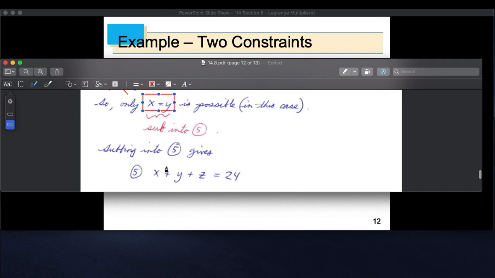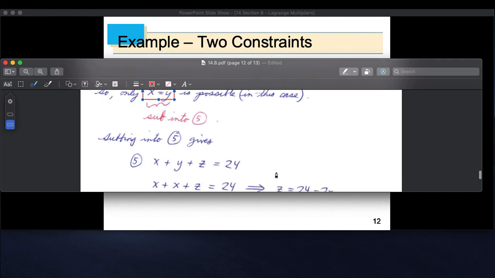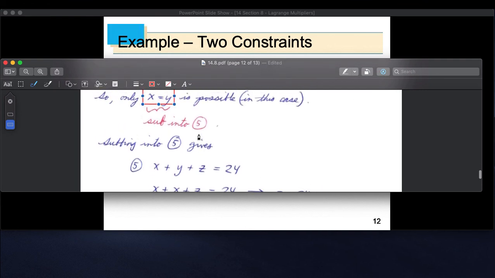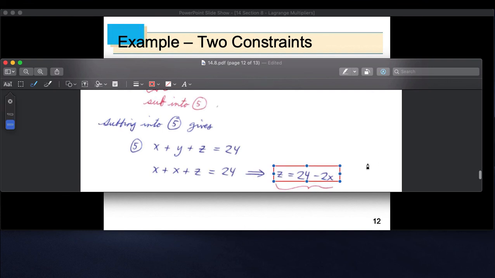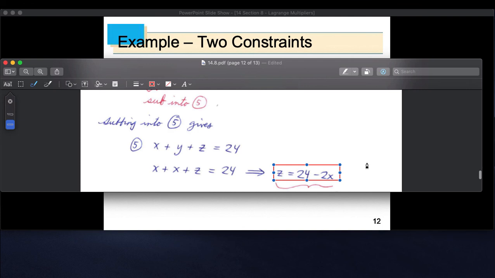So if we go ahead and take equation 5, here it is again, replace y with x. Now obviously we have no replacement for z yet. But notice, if I go ahead and solve for z, I now have a relationship between x and z, yes? And then guess what I do with that relationship? You could probably already guess what word I'm going to use.